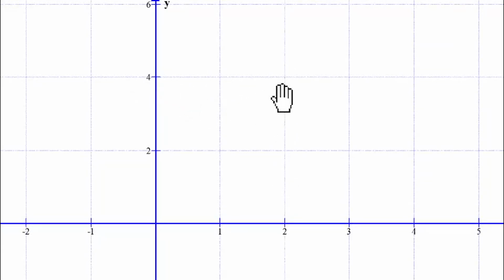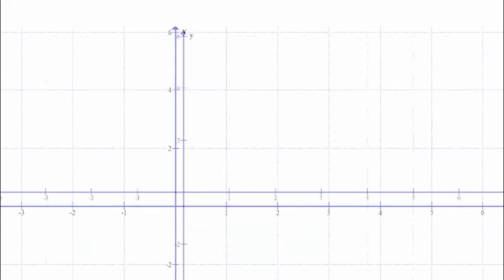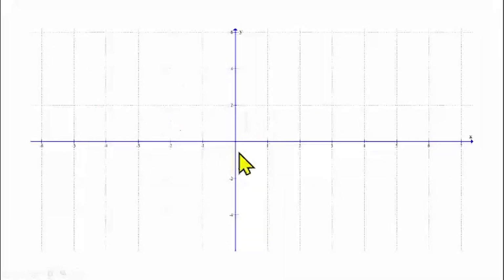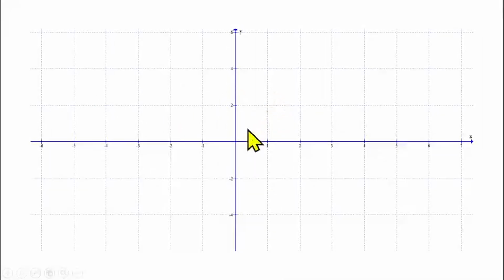So quickly let me zoom out again and let us see. Look at the graph here now. Like I said earlier, I'm trying to define what a coordinate is all about. A coordinate is talking about the position of any object in relation to the y-axis and x-axis.